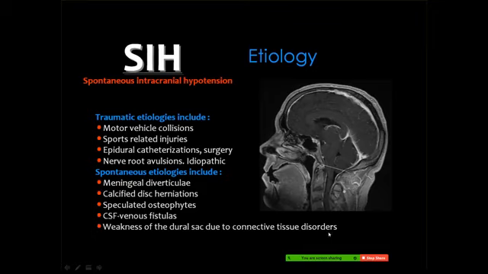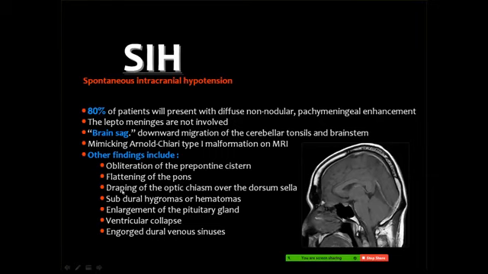The findings are, as you can see here. Number one is obliteration of the prepontine cistern, flattening of the pons, the anterior aspect of the pons, draping of the optic chiasm over the dorsum sellae. And you see that the suprasellar cistern is almost not seen in the image. Then you may get subdural hygromas or hematomas, enlargement or engorgement of the pituitary gland, and ventricular collapse, attenuated ventricles, and engorged dural sinuses.